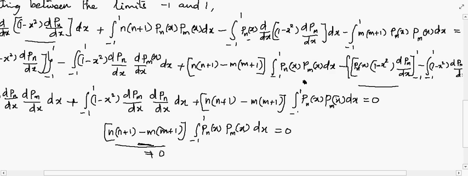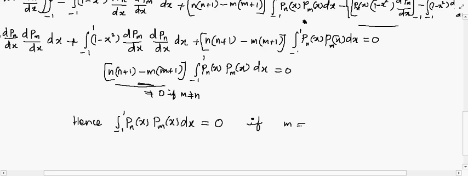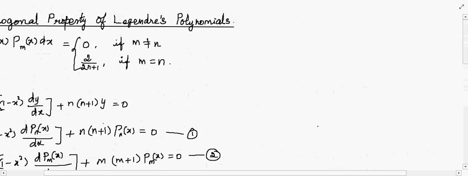Okay, it is not equal to 0 if m is not equal to n. So only this term will be 0. Hence, okay, this will give us integral minus 1 to 1 Pn of x into Pm of x dx equal to 0 if the condition is m is not equal to n. So first part of the orthogonal property we have proved.